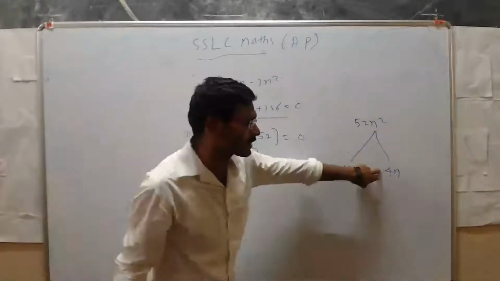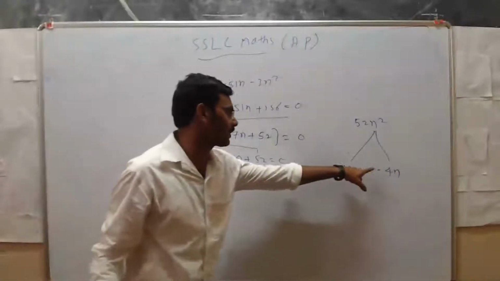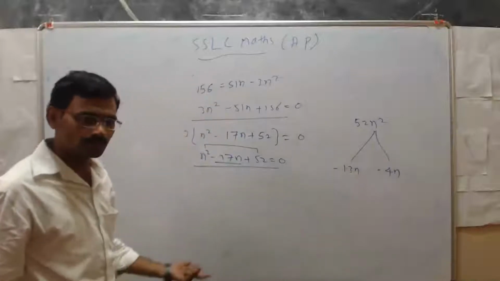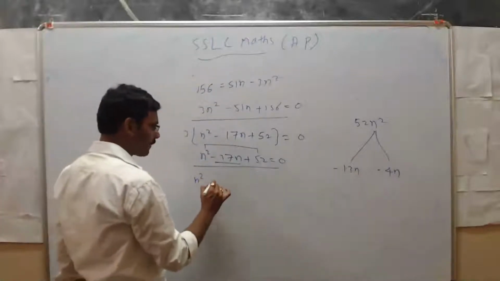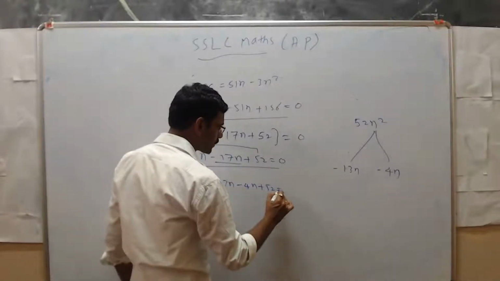Then minus 13n minus 4n is how much? Minus 17n. So n square minus 13n minus 4n plus 52 is equal to 0.